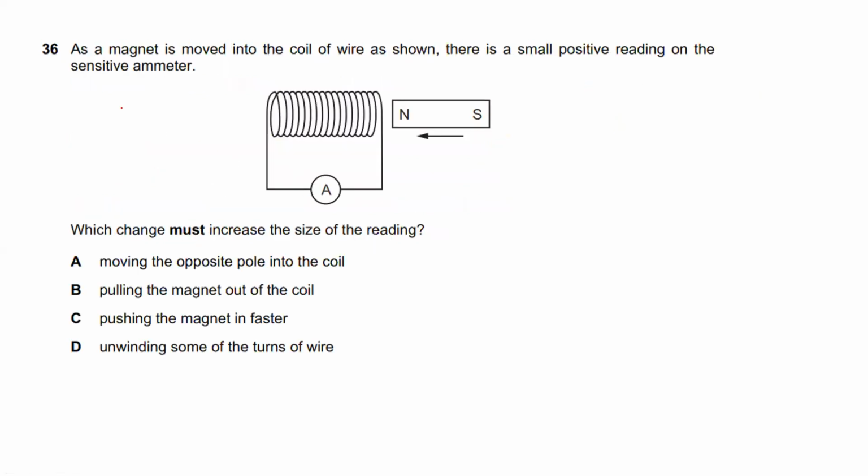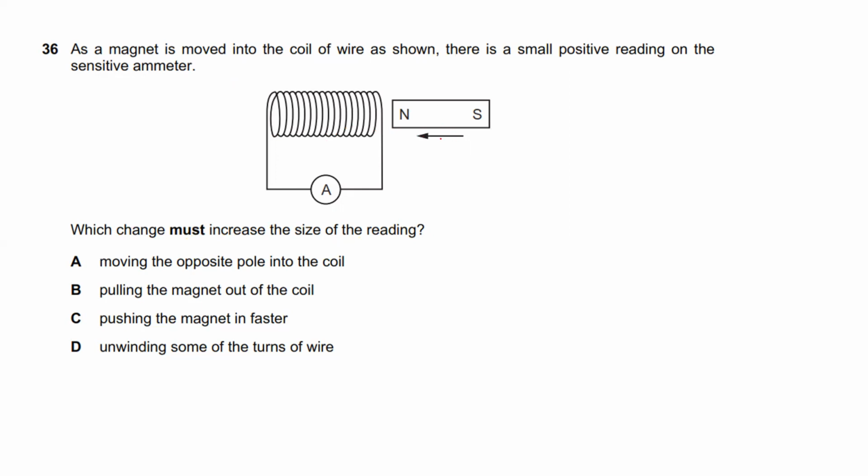Then question number 36, it says as a magnet is moved into the coil of a wire as shown, there is a small positive reading on the sensitive ammeter. Which change must increase the size of the reading? This is again a case of electromagnetism.